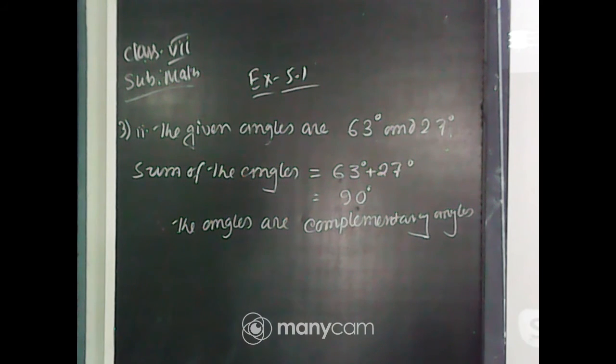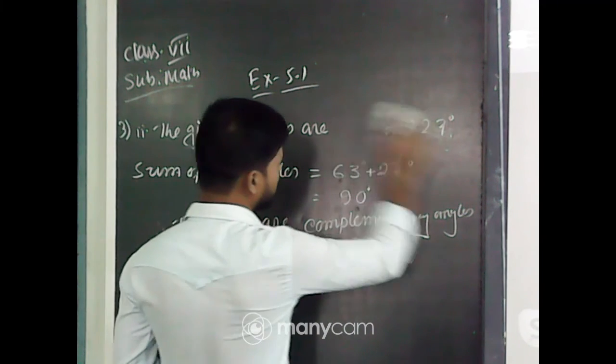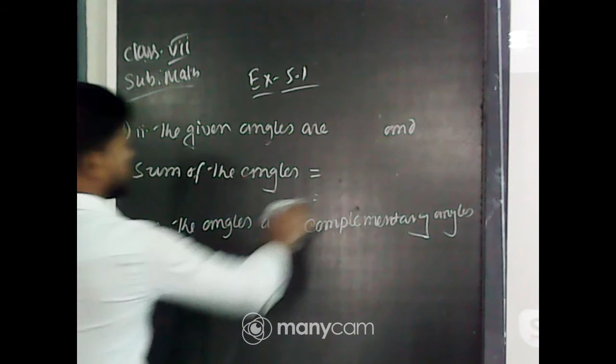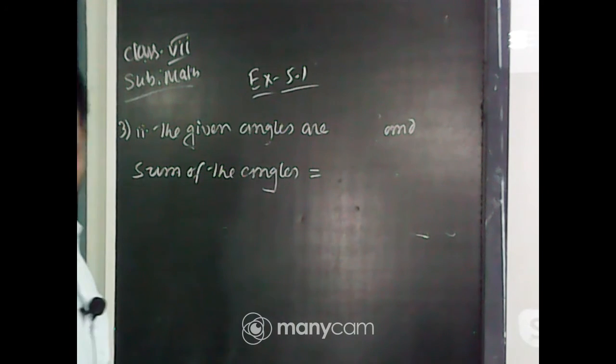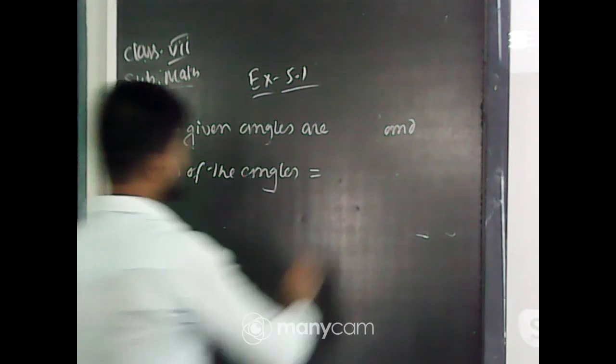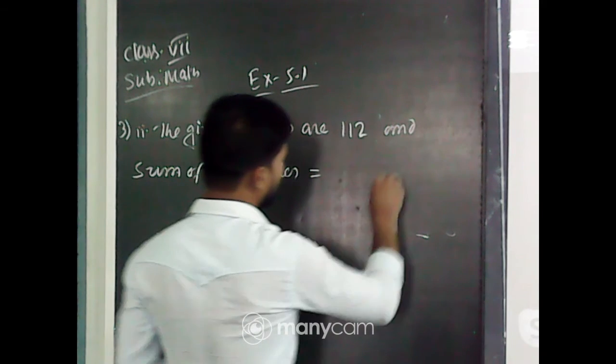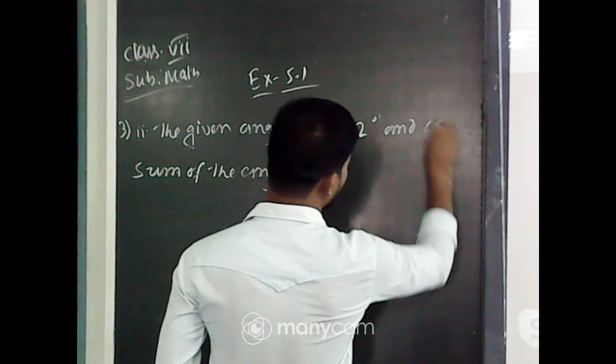Okay, let's solve one more question. After question number 2, let's solve question number 3. Question number 3 is 112 and 68. So the angles are 112 degrees and 68 degrees.